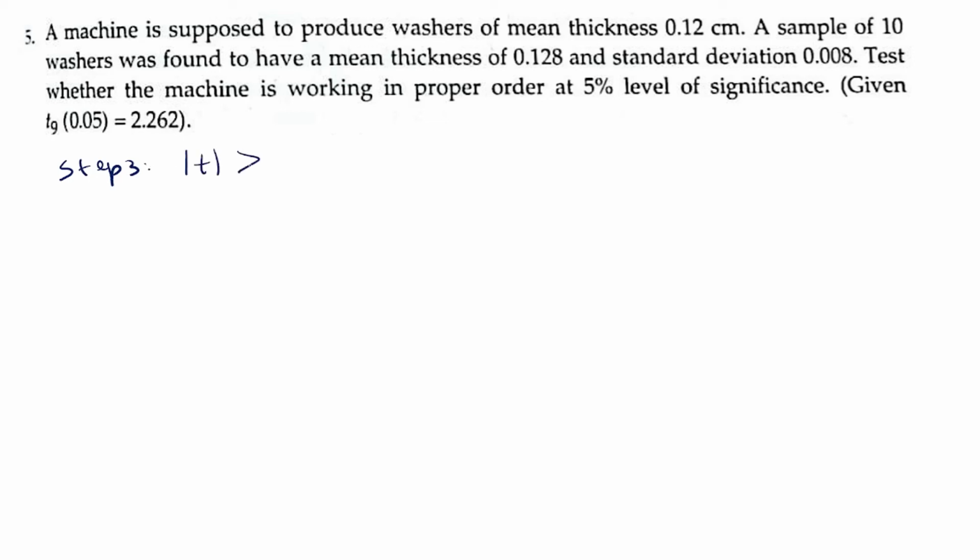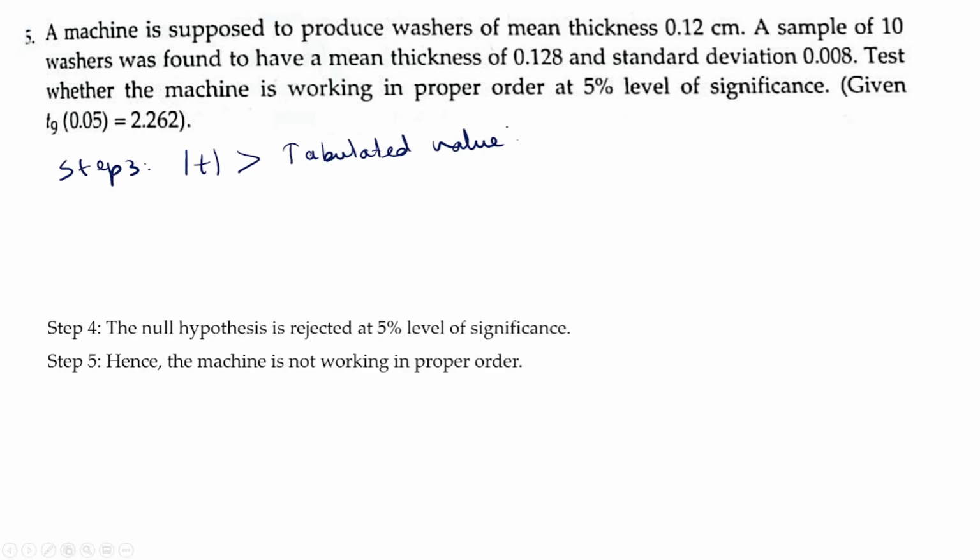Mod T greater than tabulated value. So this means the null hypothesis is rejected at 5% level of significance, and the final conclusion is the machine is not working in proper order.